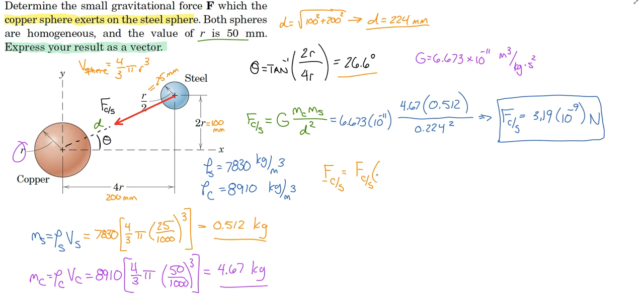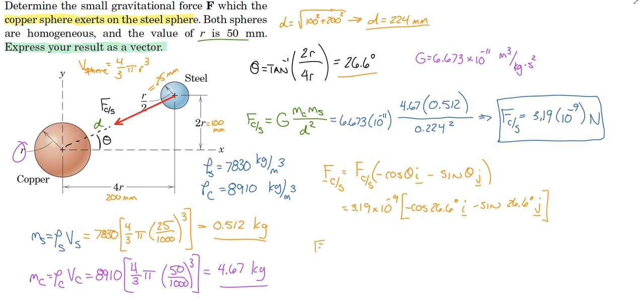In this case, it's going to be a minus cosine theta in the i, minus sine theta in the j. So that's equal to 3.19 times 10 to the minus 9, multiplying a minus cosine of 26.6 degrees in the i, minus the sine of 26.6 degrees in the j.